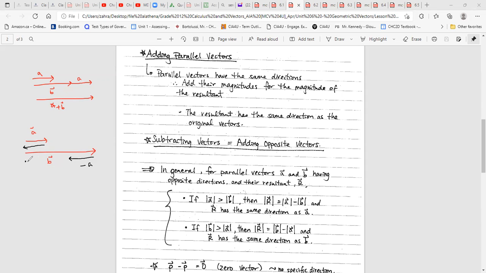The resultant is going to be this, the subtraction. So simply, let's say this is 2 meters per second, here is 3 meters per second. It's just going to be 3 minus 2, which is 1. So if they are parallel but in opposite directions, you just simply subtract them.